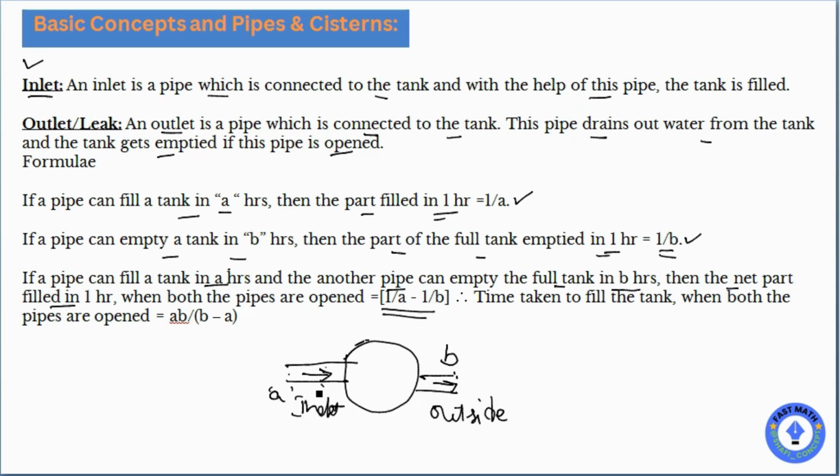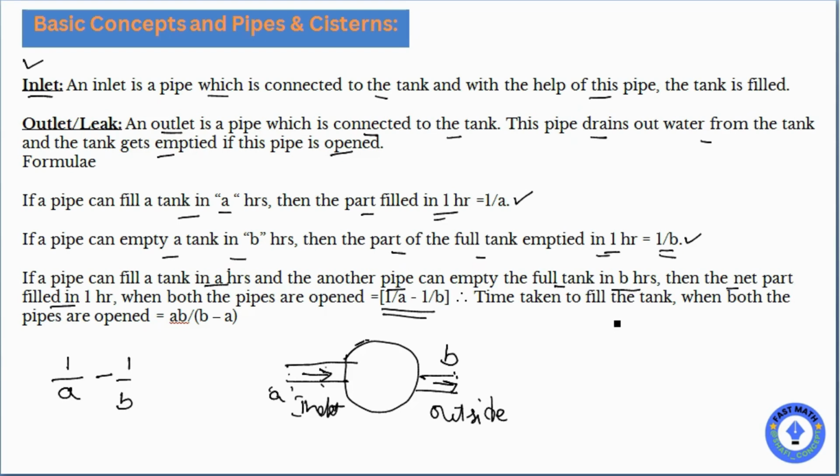Because whenever the tank is filling, that is recharging, that's why it is taken as positive. The second pipe is discharging the water, which means it is lessening the water from the tank. That's why it is taken as negative. That's why it is 1 by A minus 1 by B.